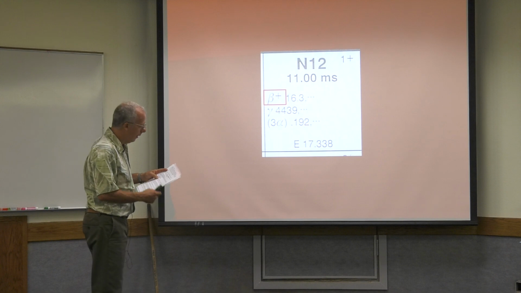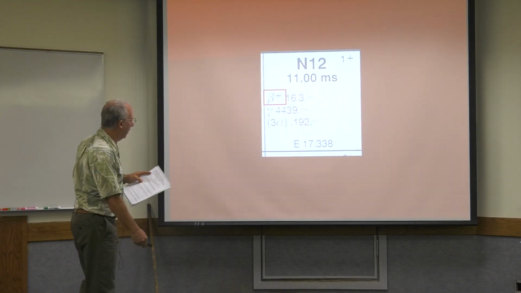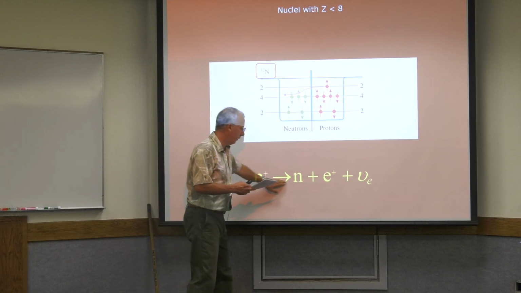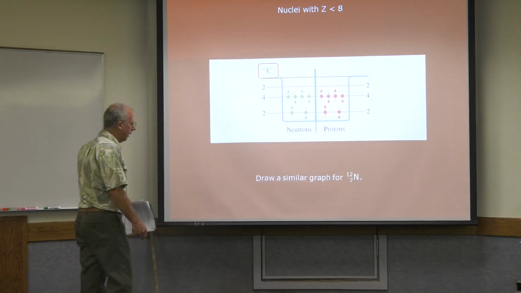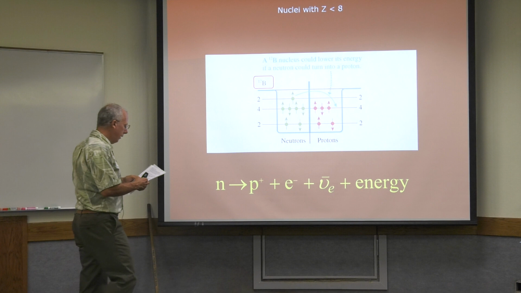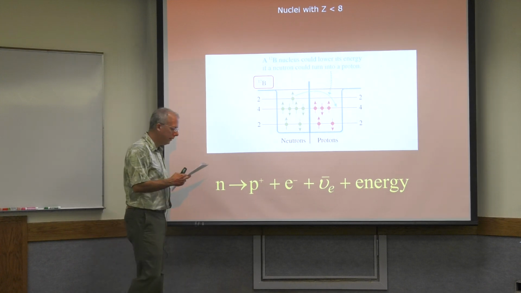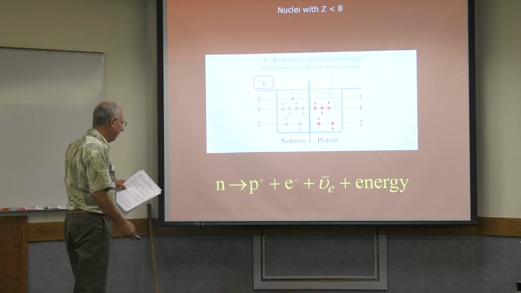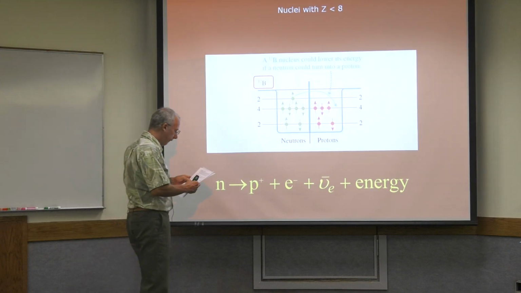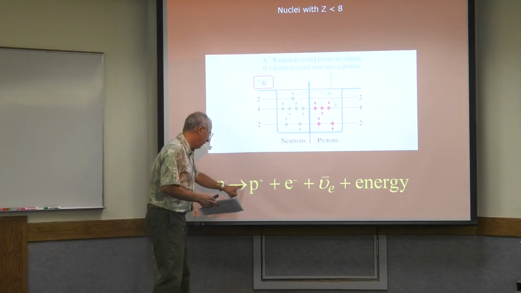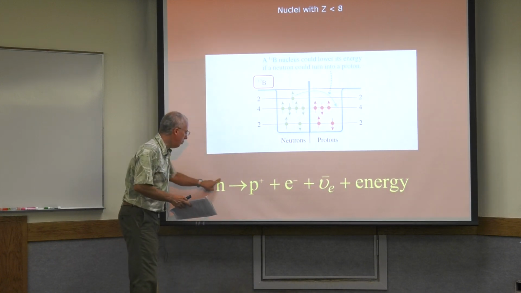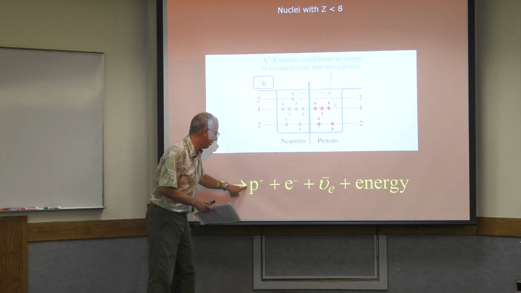Now, hold on just a minute. Look at this, though. Let me go back. Remember, this emits energy, right? Because the mass of the neutron is greater than the mass of the proton.